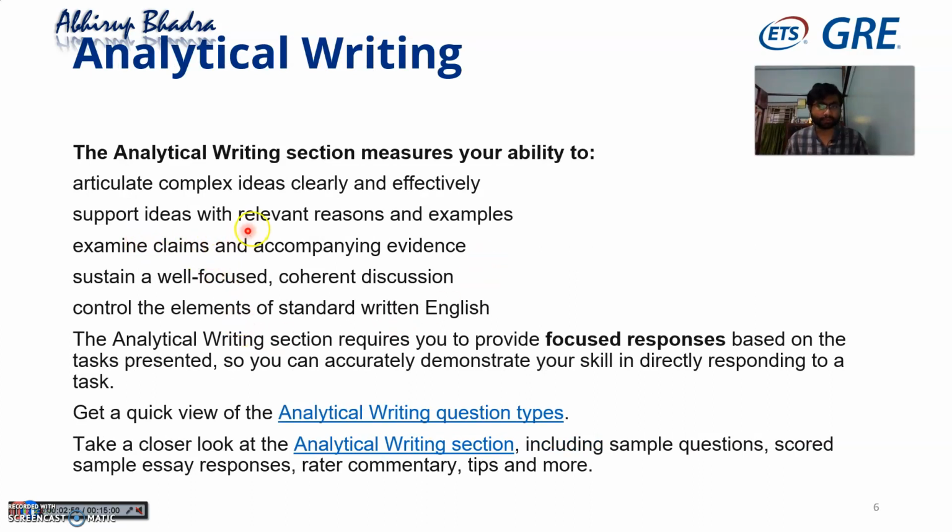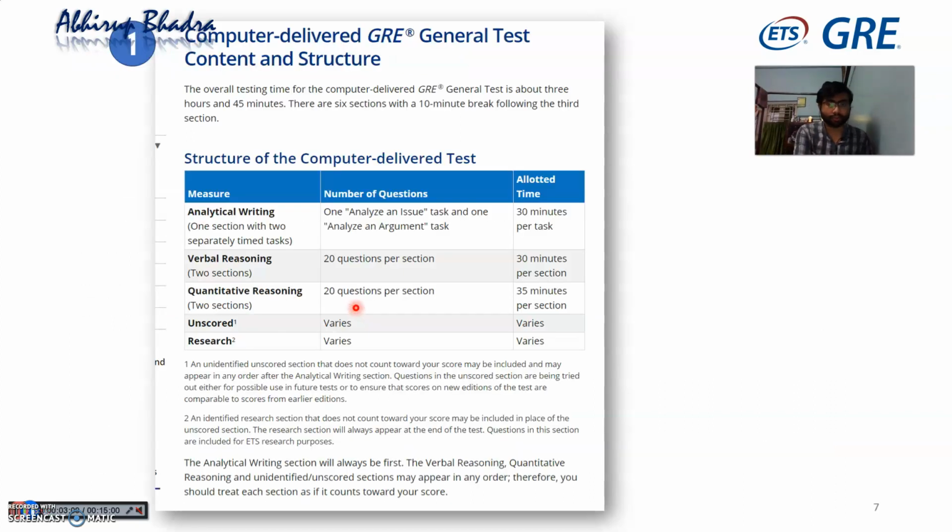There might be some complex ideas on which you have to write a few sentences, and based on them you will be scored out of 6. For the analytical writing section, the allotted time is 30 minutes per task. You will be given 2 separately timed tasks, not like the IELTS section.